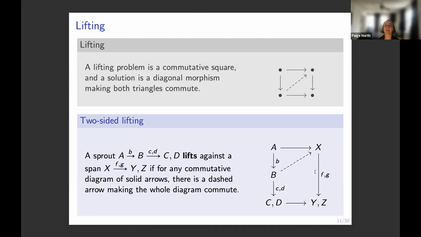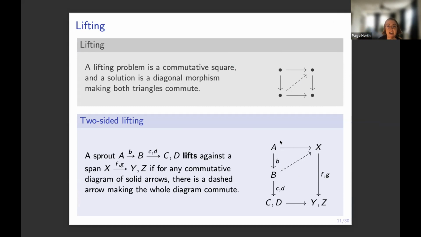All right, so now we can talk about what we mean by a lift in this strange version of weak factorization systems. So normally in a weak factorization system, we talk about commuting squares, then we talk about lifts here. And in this theory, now we're going to talk about specific shapes on both sides of the square. So on this side, I am always going to be considering a sprout. And on this side, I'm always going to be considering a span.